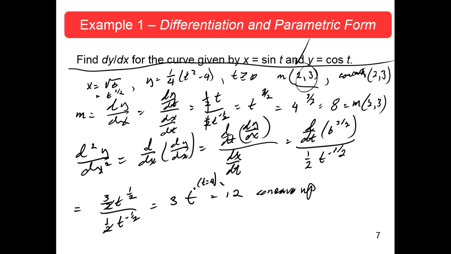And your y, when t is equal to 0, this would be minus 1. So that's what we started with down there. And there you have your t is equal to 4, the slope is equal to 8, and the concavity was 12, positive. It was positive everywhere there.